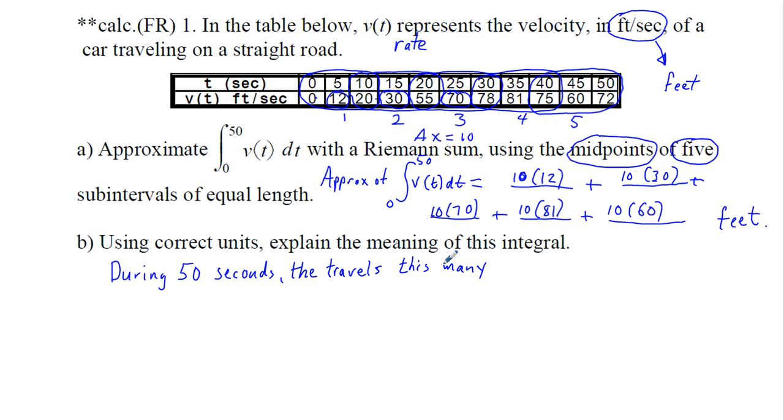And I'm going to just go arrow here and just circle all this. This many feet, just pointing to it. There we go. And that would be our explanation of the meaning.